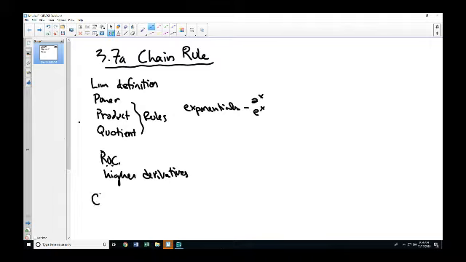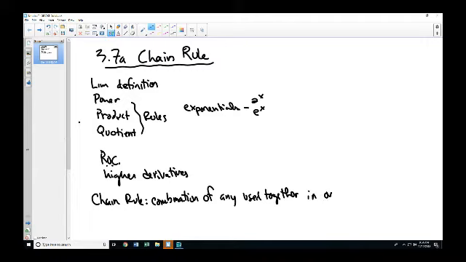So the chain rule is a combination of any used together in one derivative. Okay. So we would use the chain rule so we're chaining them together, right? You're locking them together in a continuous chain. That's what we call the chain rule.